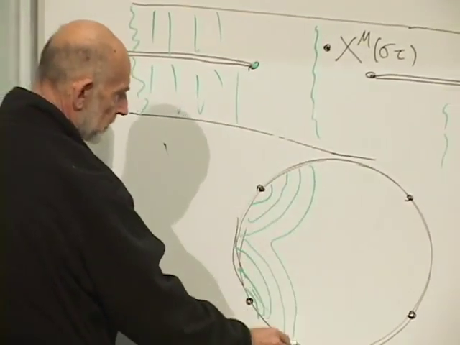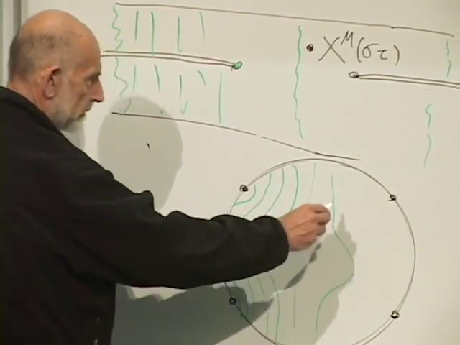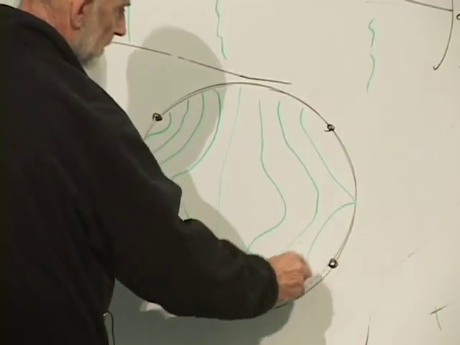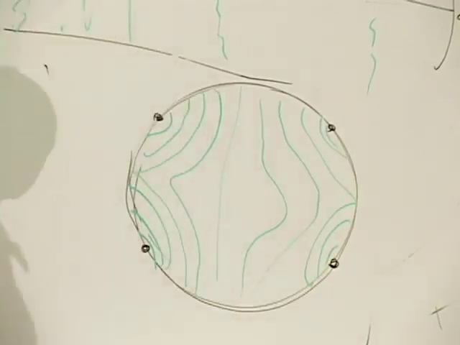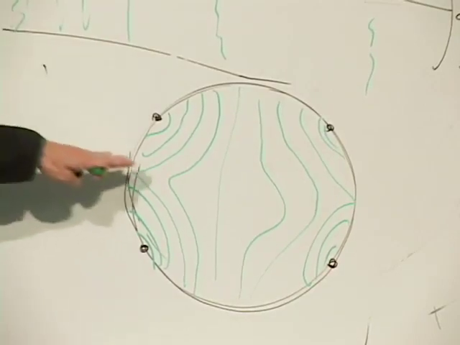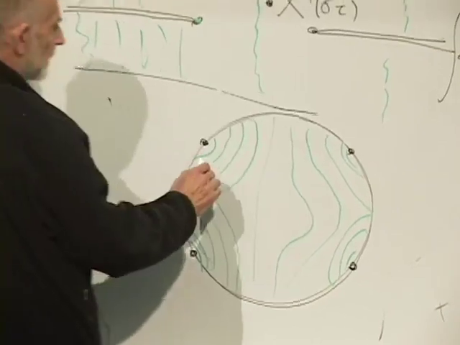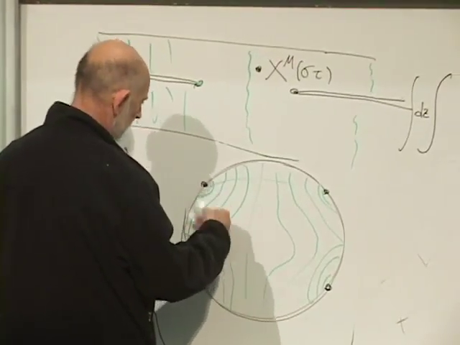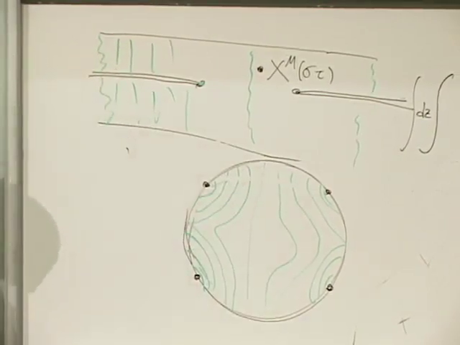Then they go like this. That's what the mapping from here to here looks like. The horizontal lines, I don't know, they're a little more complicated. That's what it looks like.